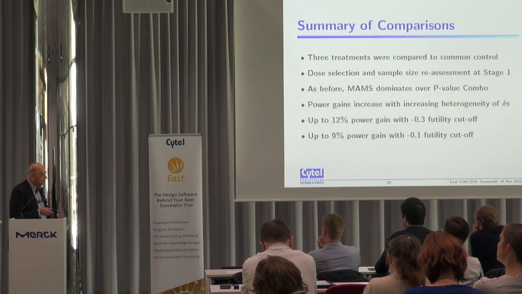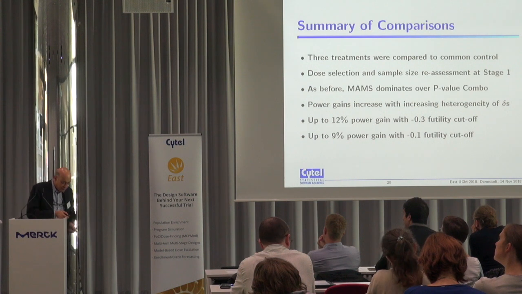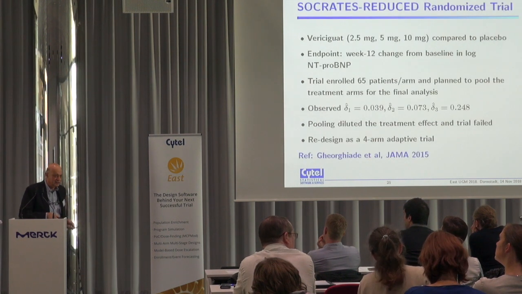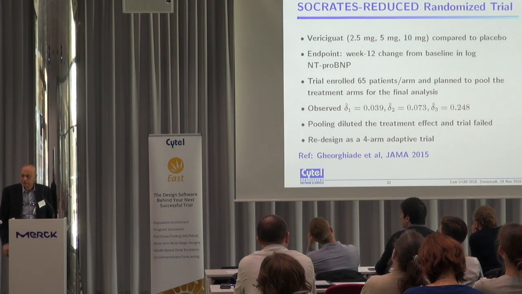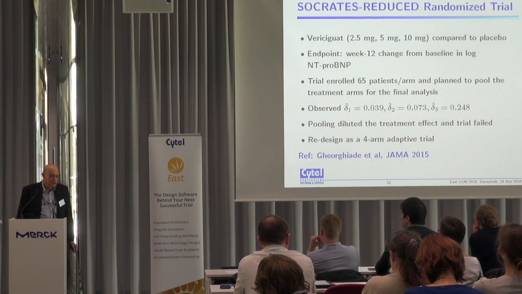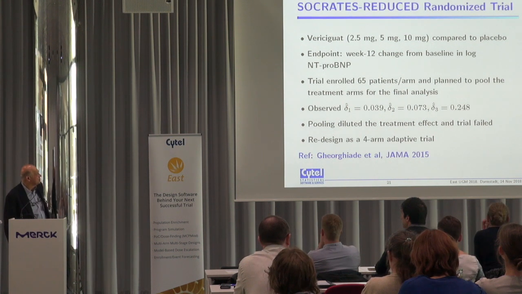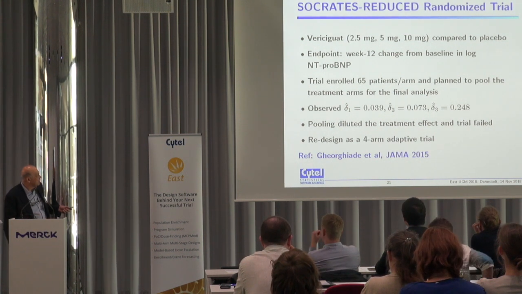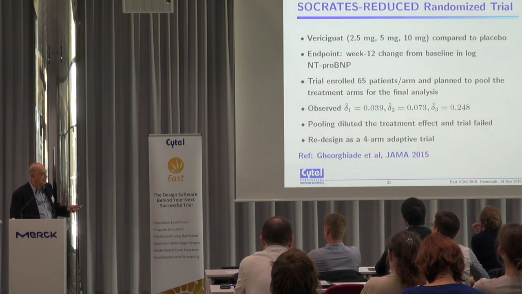So that was the investigation that we did just with analytical and simulation methods. Then we also applied it to an actual trial, the SOCRATES trial for reduced ejection fraction. Well, we didn't participate in it. We just redesigned it to see what would have happened had we used these methods.